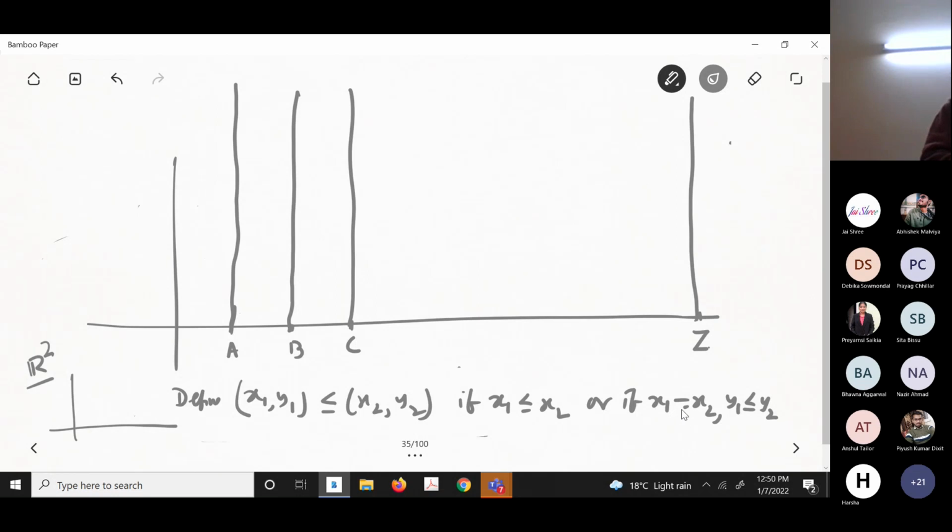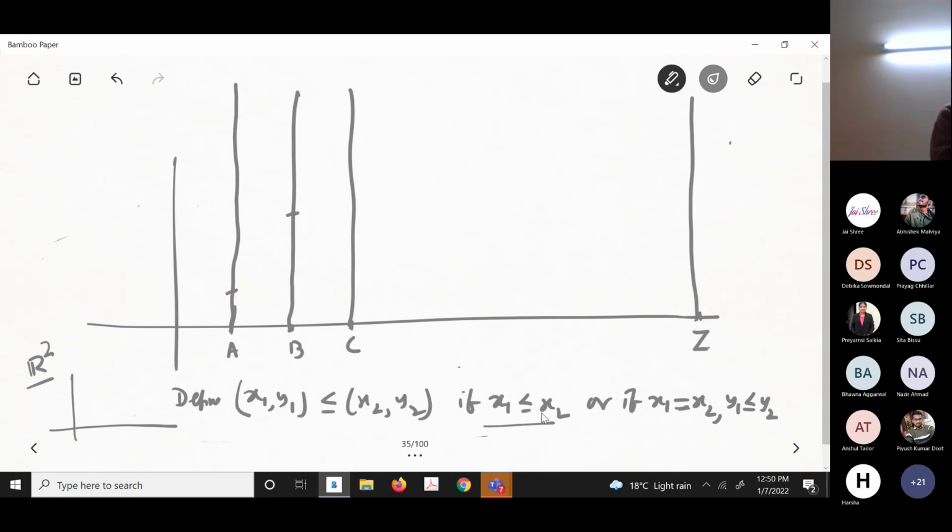If x1 equals x2, that means this is exactly a dictionary. If you have this, you don't need to bother about the other one. Then you say this is less than, basically, because the x coordinate is less than the x coordinate of that. Okay, that you get.